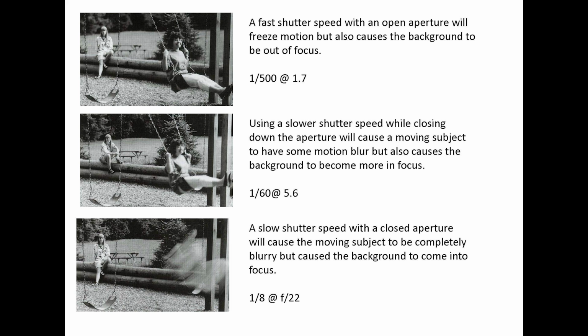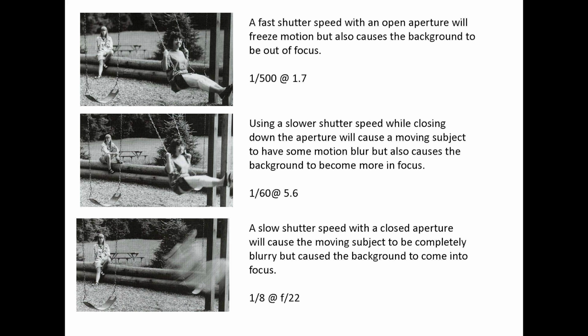And then at a slow shutter speed, a shutter speed of an eighth of a second at f22, the person in the foreground is completely just a blur of motion, but the person in the background is in focus. So these are the things that you have to kind of balance. What do you want in focus?